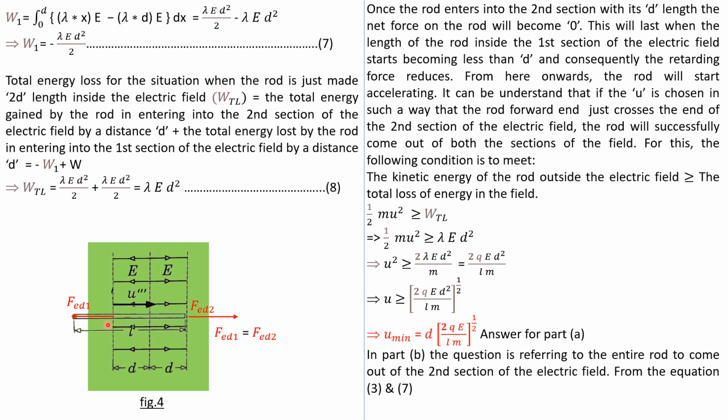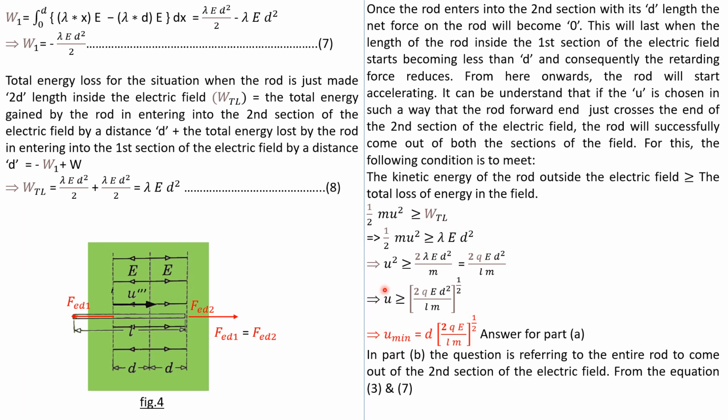So for the rod to pass out of both sections of the E field, it is important that the kinetic energy of the rod outside the electric field should be greater than or equal to the total loss of energy inside the field, this equation.